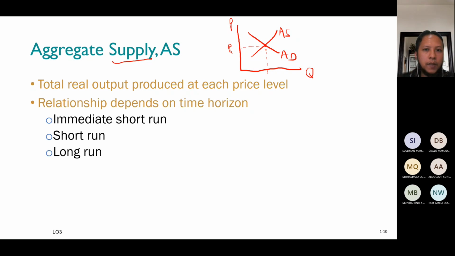The shape is the same, but when you go back to the notes for demand, what are the factors that influence demand? You have the shifters of demand: change in consumer tastes, change in number of buyers, and so on.